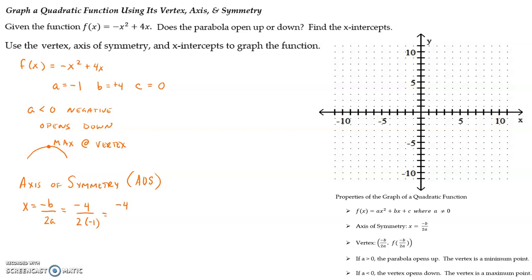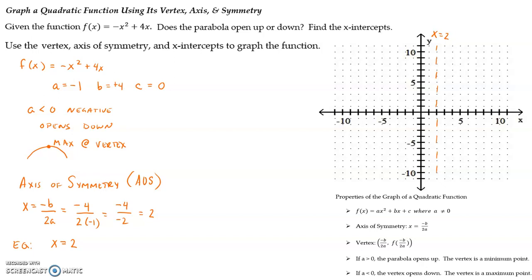This will give us negative 4 divided by negative 2, which is going to be a positive 2. So as an equation, we have the line x equals 2. Make sure that you write this as an equation, right? And we can actually go ahead and give ourselves a sketch of the axis of symmetry already on our graph. We've got an x value of 2 here, so we know it's going to be a vertical line that cuts through that x value of 2.